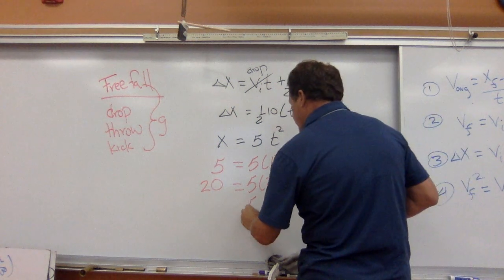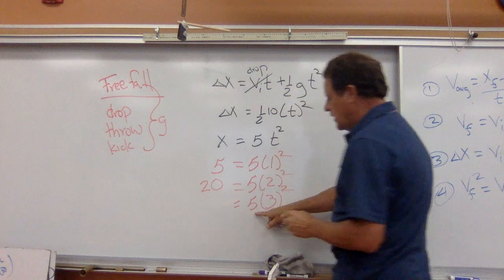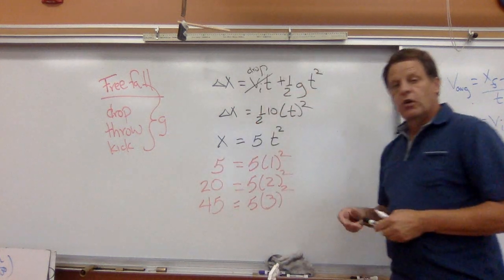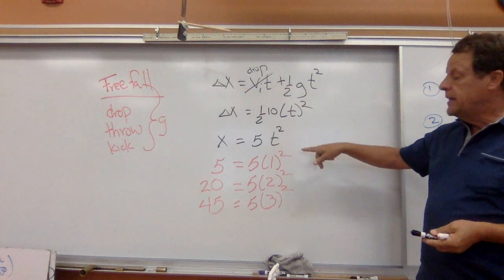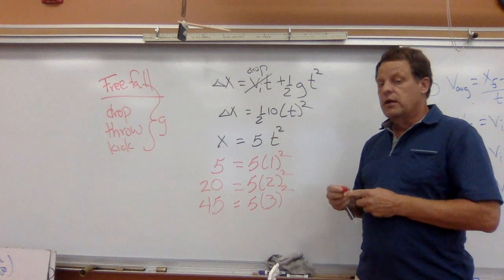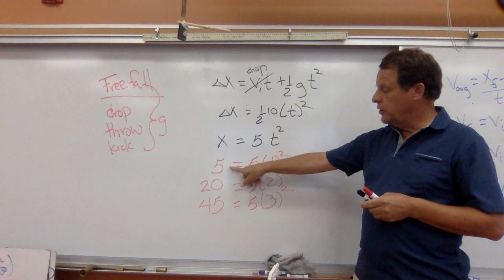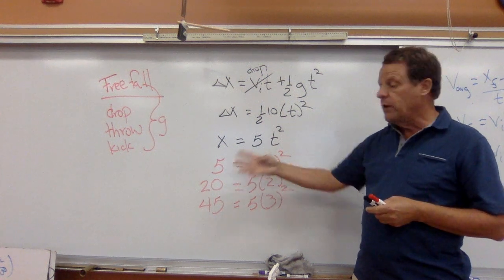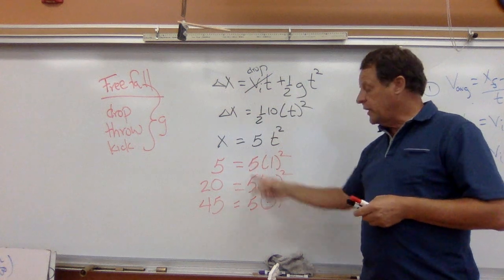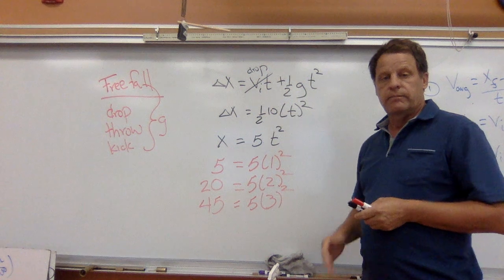And if we have 3 seconds, that gets squared. That's going to be 5 times 9, and that's 45. So notice, because it's accelerating each second longer, it goes farther and farther and farther. Not in a linear sense, but notice from 0, it would go 5, but after 2 seconds, it would be 4 times greater. And after 3 seconds, it would be 9 times greater than this 1 second.